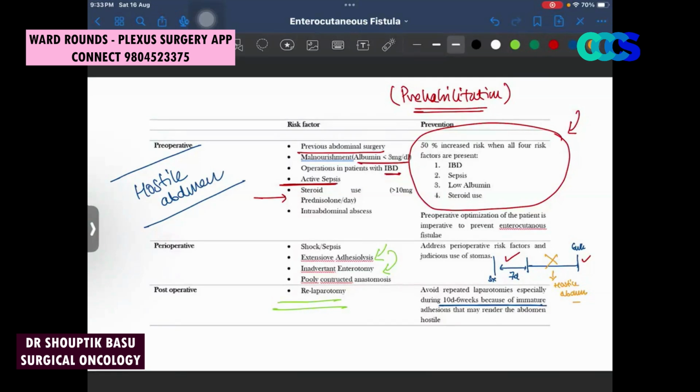You generally go for radiation with an ileostomy. Trust me, when I went in for a takedown of the Hartmann's, it was so horrible that the ureter was stuck to the colon, very badly adhered, no planes. Very difficult surgery. So that is something which is called a hostile abdomen.